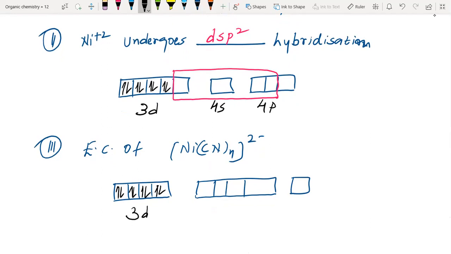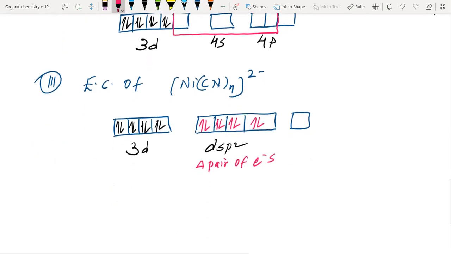But now in these orbitals, that is here we have dsp2 hybrid orbitals, in these all we'll write 8 electrons. And these 8 electrons mean 4 pairs of electrons from 4 cyanide minus ions.